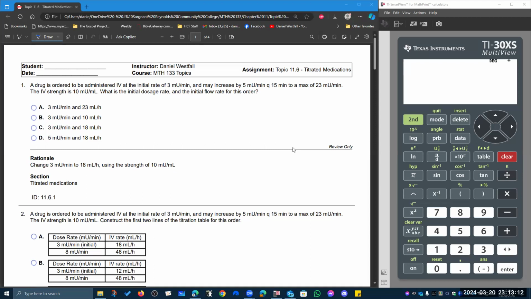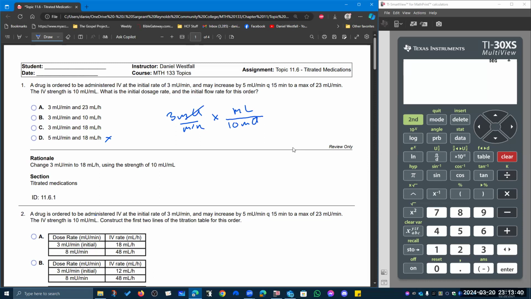So the initial dosage rate is 3 milliunits per minute. And so that gets rid of this option. And then the initial flow rate for the order in milliliters per hour. I have to say that there's 10 milliunits per milliliter.